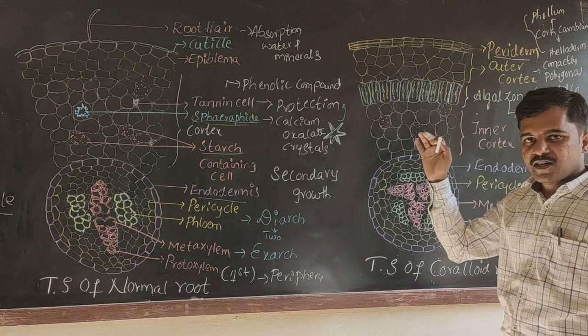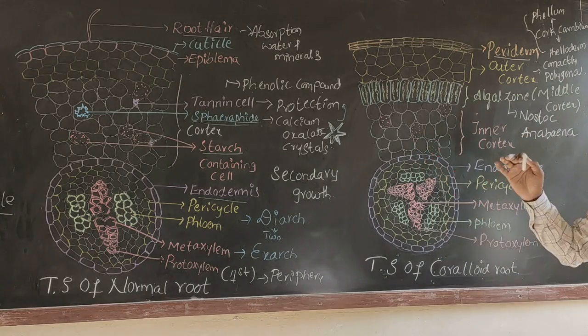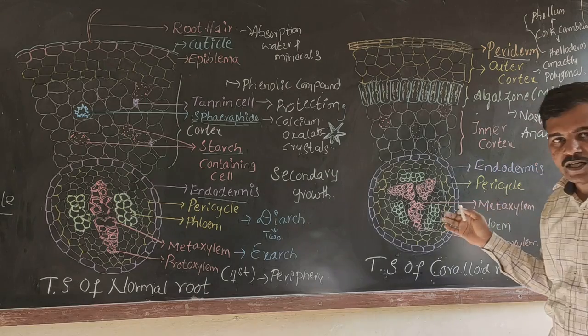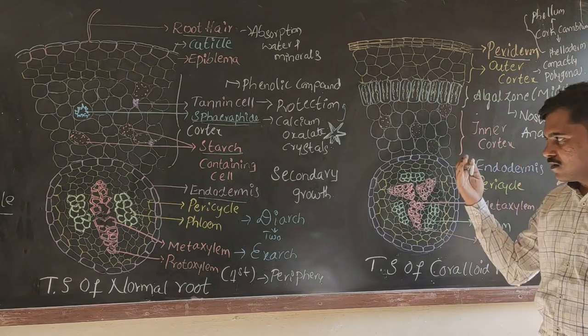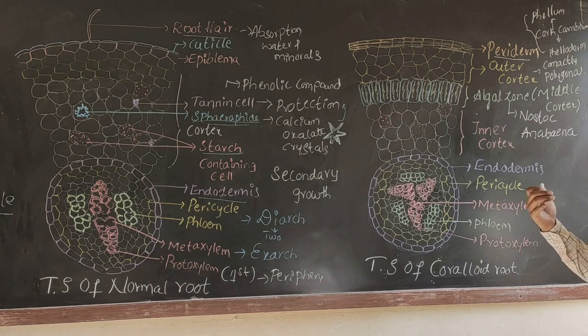Tannin cells and sphaerophyte cells help in protection, and the starch is the storage food material.